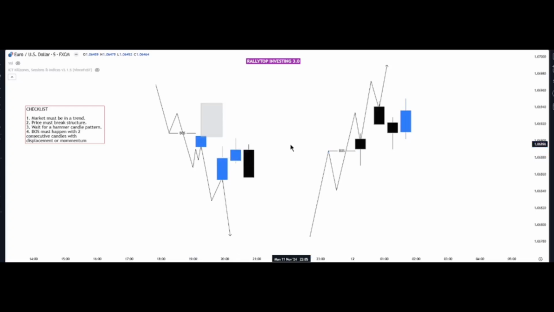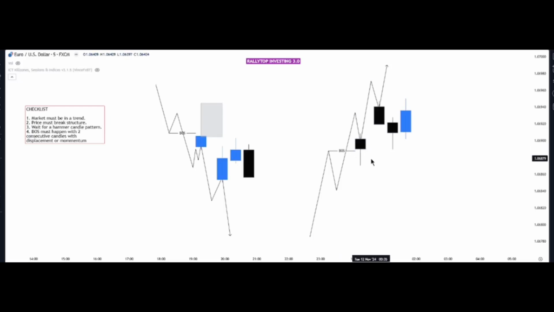Number three, the candles that must break this structure must be two consecutive candles with displacement or momentum. Please take note of this. Now, number four, wait for a pullback, and in that pullback you want to see this candle pattern.